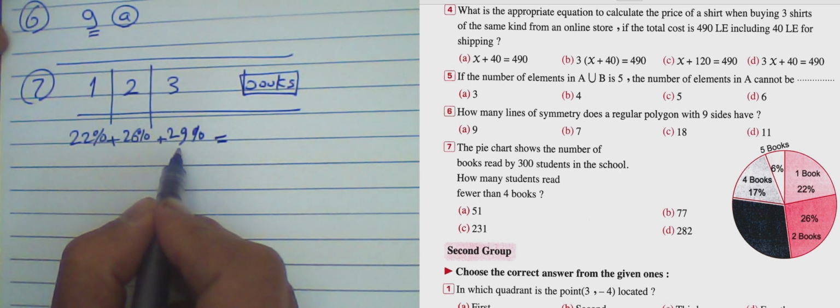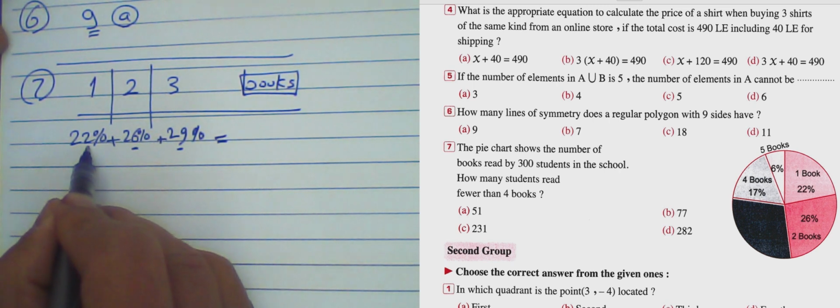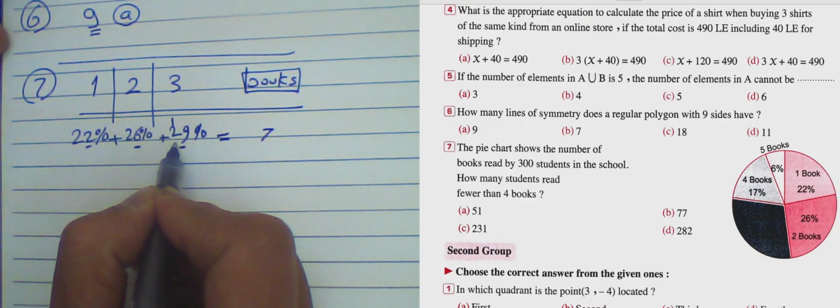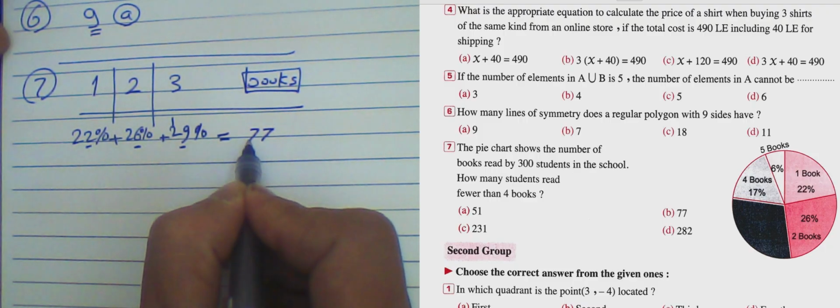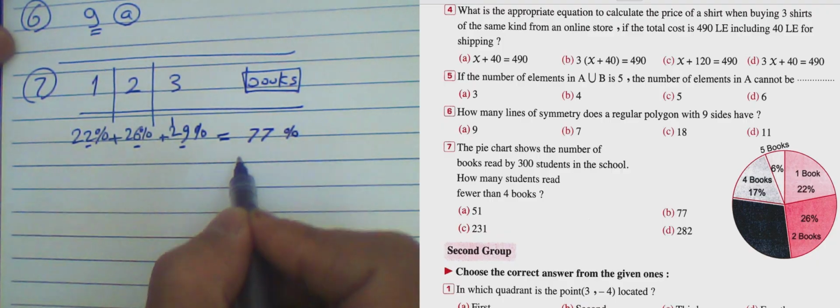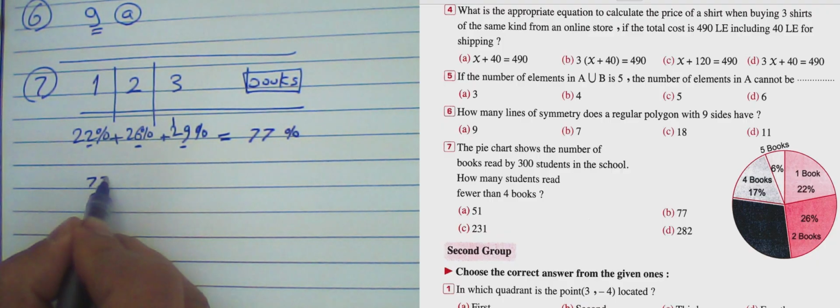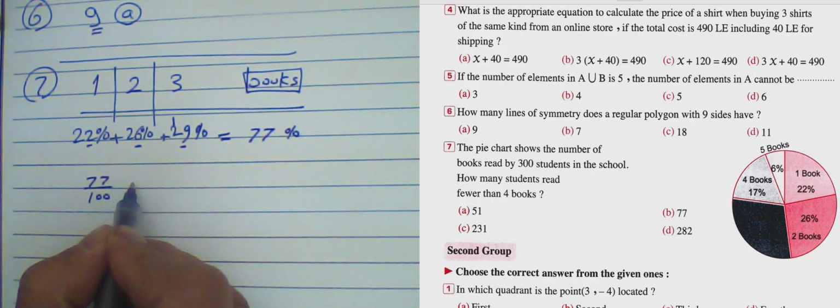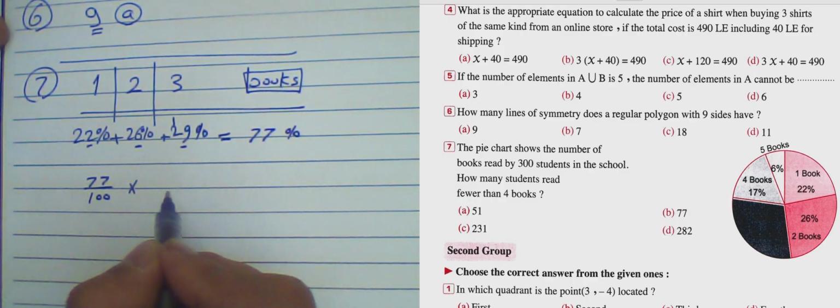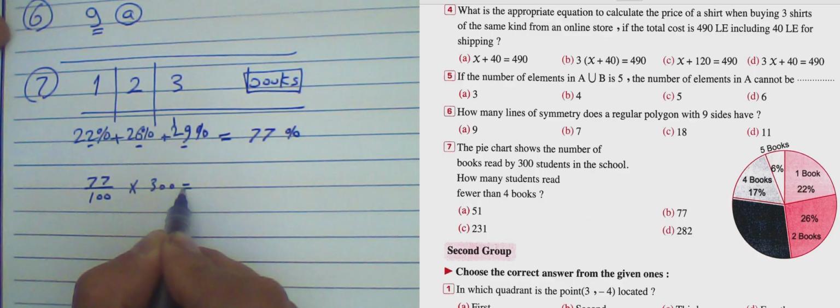The sum of all the percentages, 22 plus 26 plus 29, will be 77. 77 percent multiplied by 300 gives the total number. 77 percent means 77 over 100, because the second term of the ratio is 100.